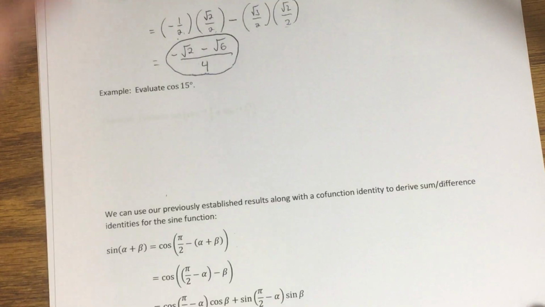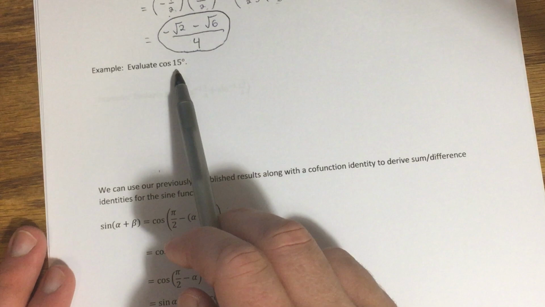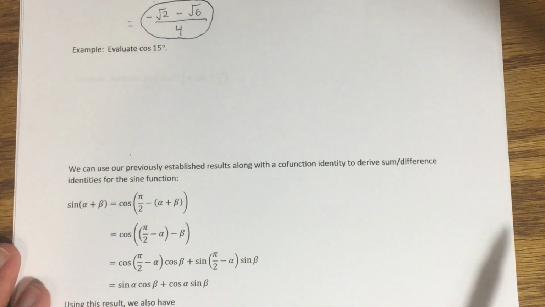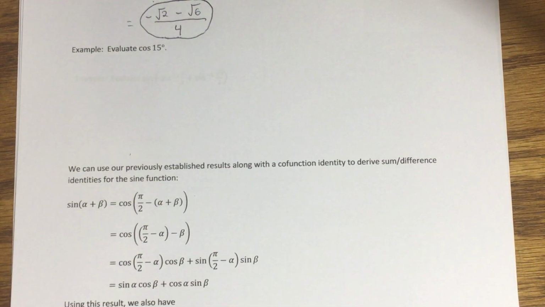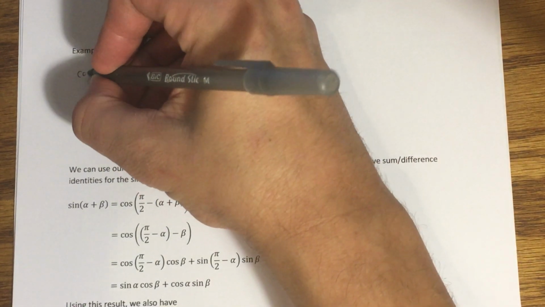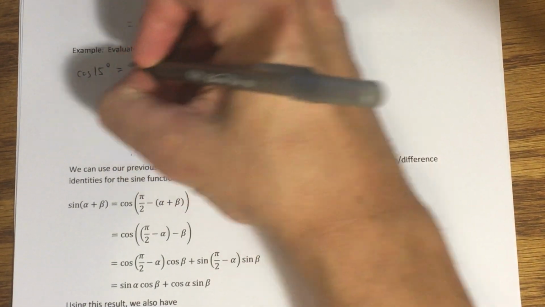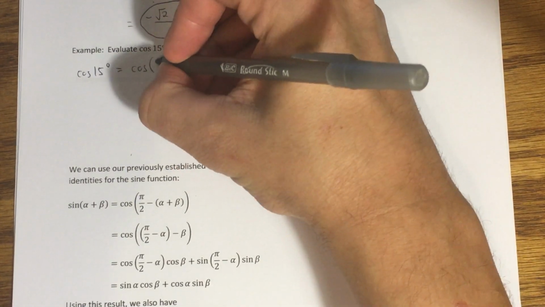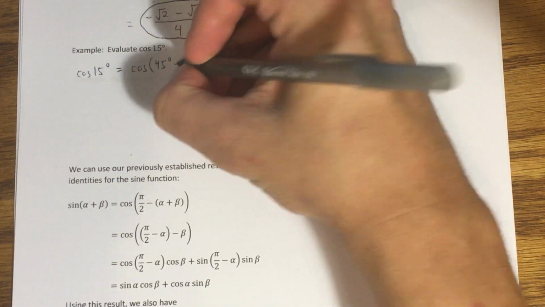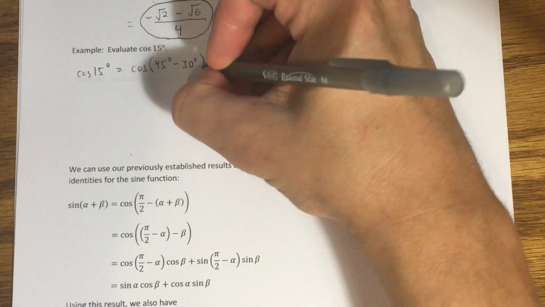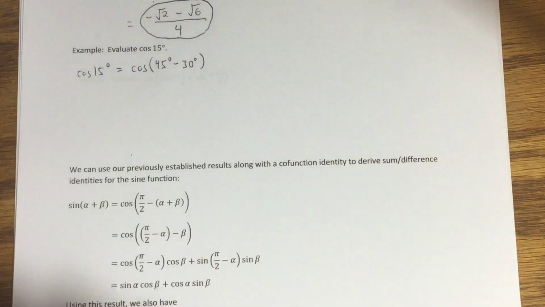The trick to doing this is to try and take the number 15 degrees and represent it as either a sum or a difference of two familiar angles from the unit circle. So notice, cosine of 15 degrees is equal to cosine of 45 degrees minus 30 degrees. Right? 45 minus 30 is 15.